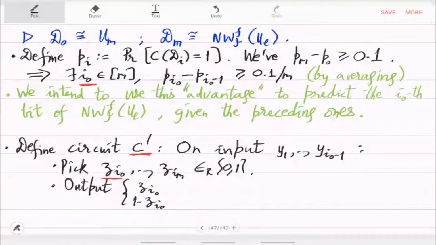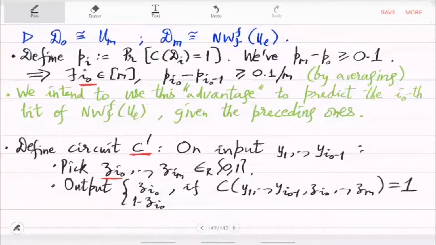So zi0 if C on these y's and z suffix evaluates to 1. Why are we outputting zi0 when C evaluates to 1?